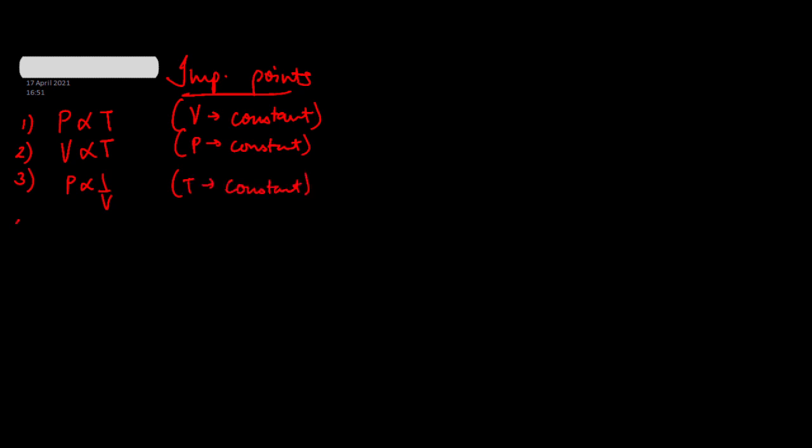Number 4, the ideal gas equation, that is PV equal to nRT or mu RT. You write whatever you want, I don't mind. So this is called the ideal gas equation. These 4 are like properties or basics of what an ideal gas behaves like.